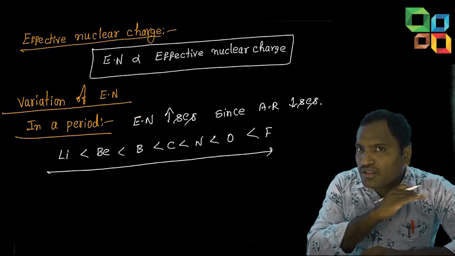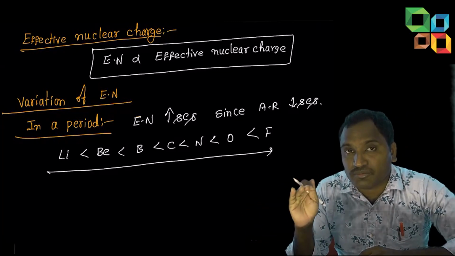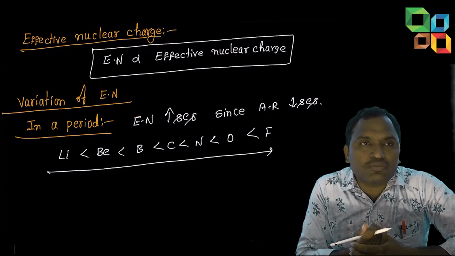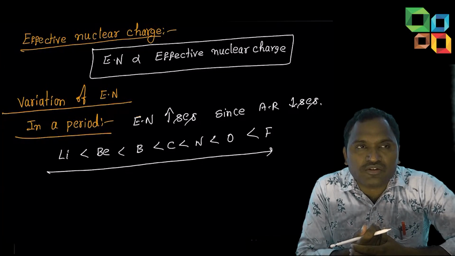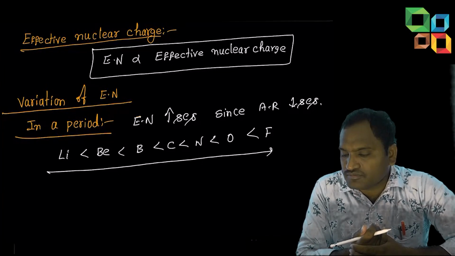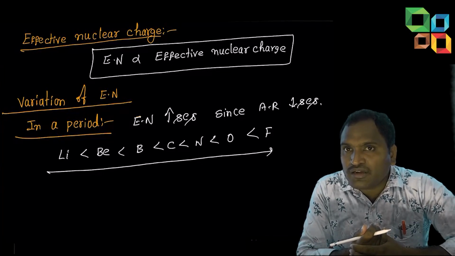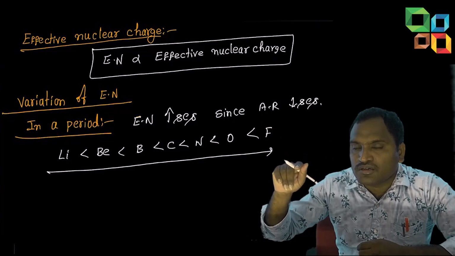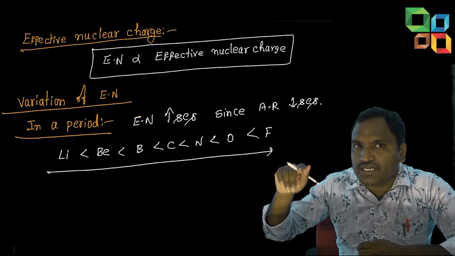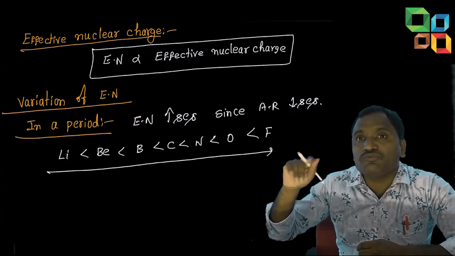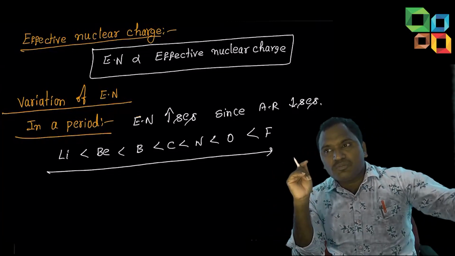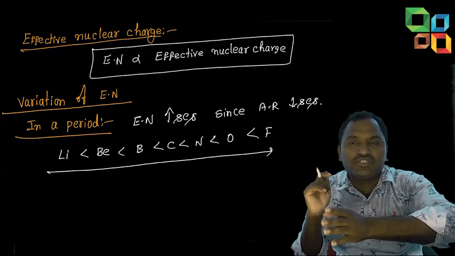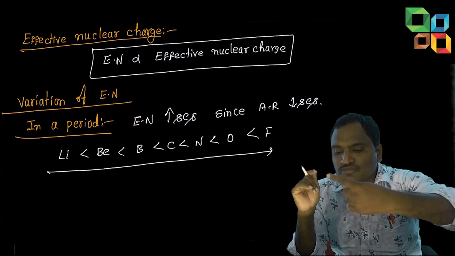So among all the groups, 17th group elements have the highest electronegativity. In that group, from top to bottom, it decreases. Which element is at the top in the 17th group? Fluorine. So 17th group elements have more electronegativity than all the group elements. In that way, fluorine is the most electronegative.